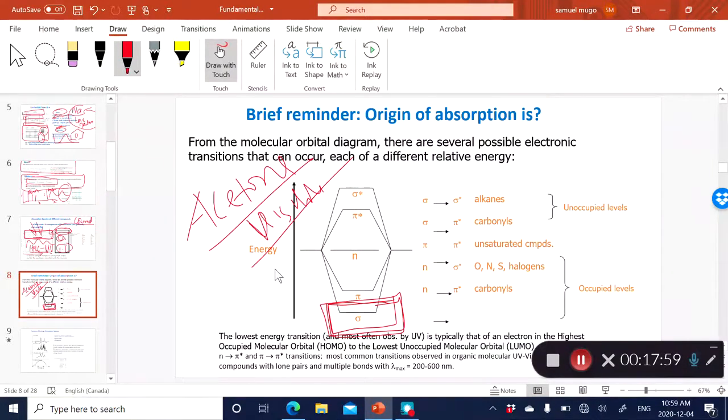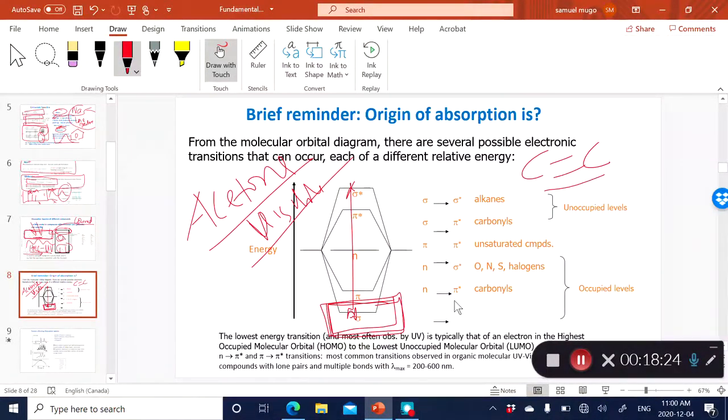And so for that reason, hydrocarbons typically do not absorb visible radiation, because the transition from the sigma to the sigma star is a very, very large transition. It's not energetically favored.